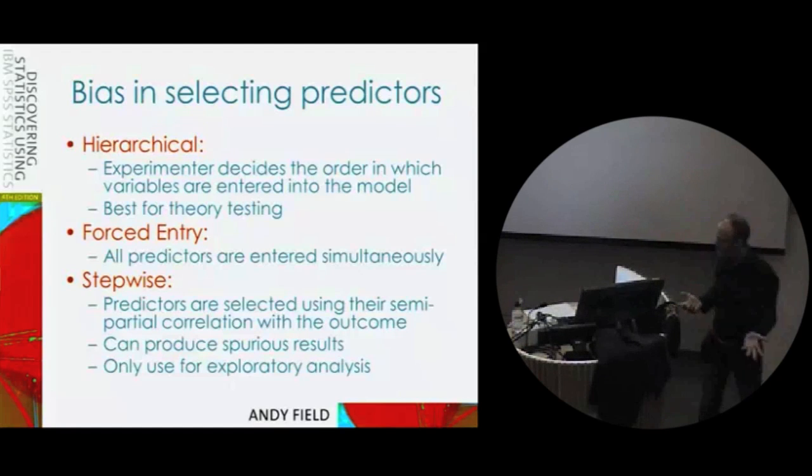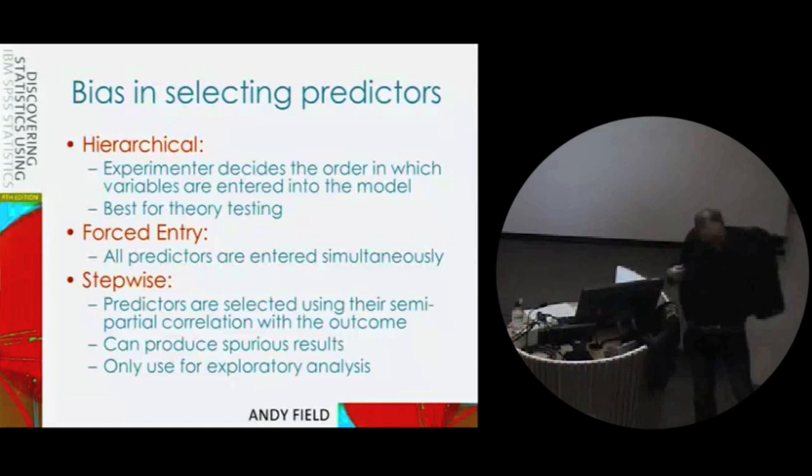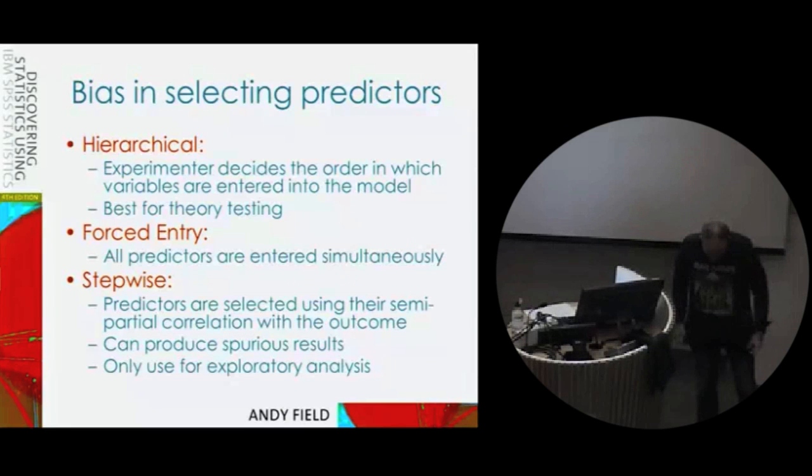Then it says, well, hang on, we've got a jacket here. That's going to improve the fit of the model. That goes in next. Oh, hang on, t-shirt. That can improve the model. We'll stick that on. We've got a fantastic model now. Fits the data really, really well.